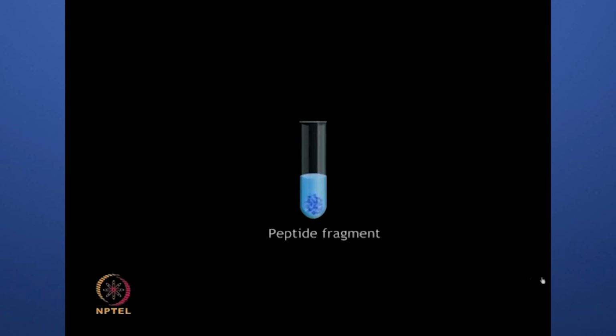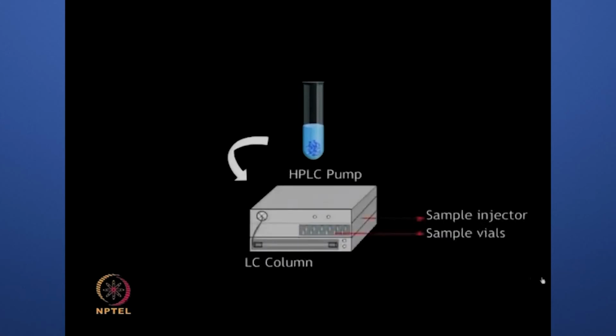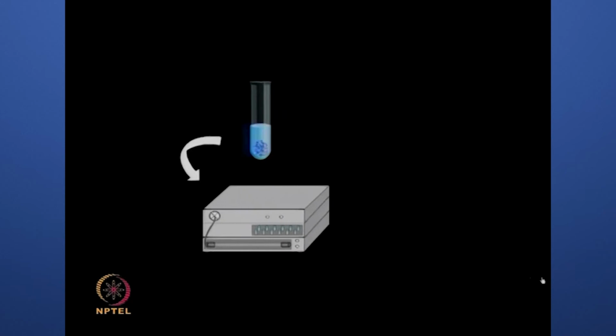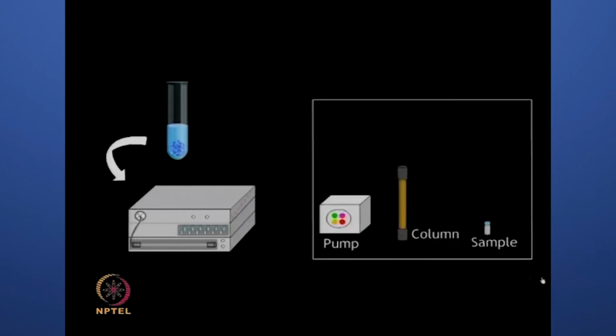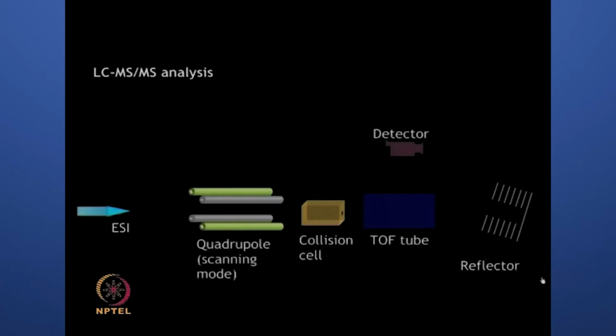Further purification can be carried out by liquid chromatography, wherein the sample is passed through a column containing a packed stationary phase matrix that selectively adsorbs only certain analyte molecules. The reverse phase and strong cation exchange chromatography are the most commonly used methods. These eluted fractions are further characterized by MS.